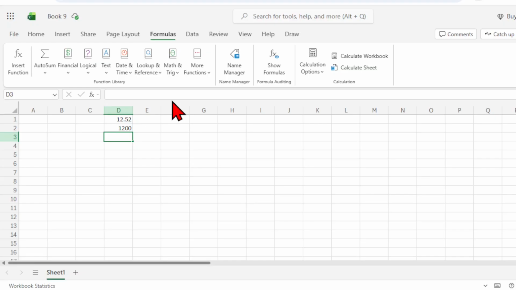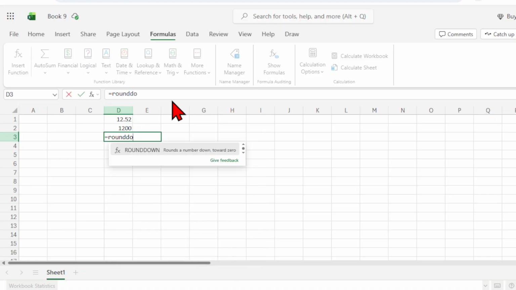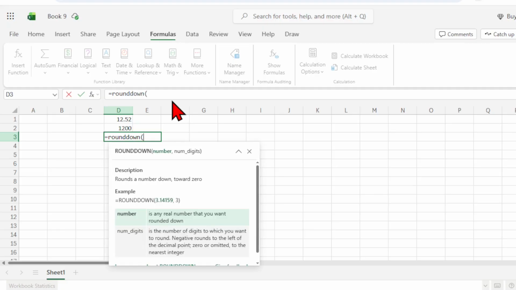Specifically, ROUNDDOWN. So equals ROUNDDOWN. This is going to round it down, but towards 0. So if it's a negative number, it's not going to make it lower, it's just going to make it closer to 0. So let's use the example they show, 3.1459, comma, but we'll just do 2.